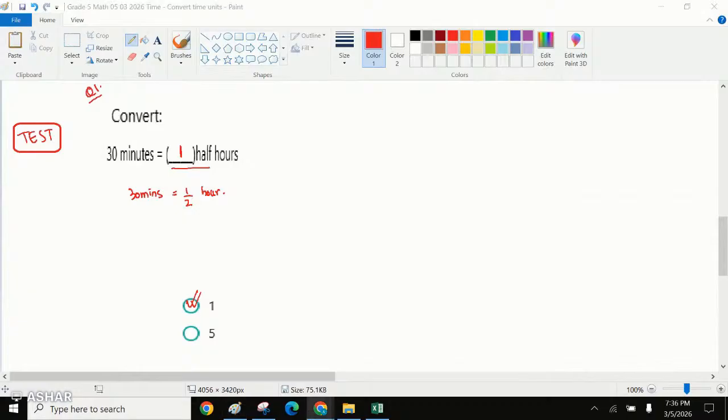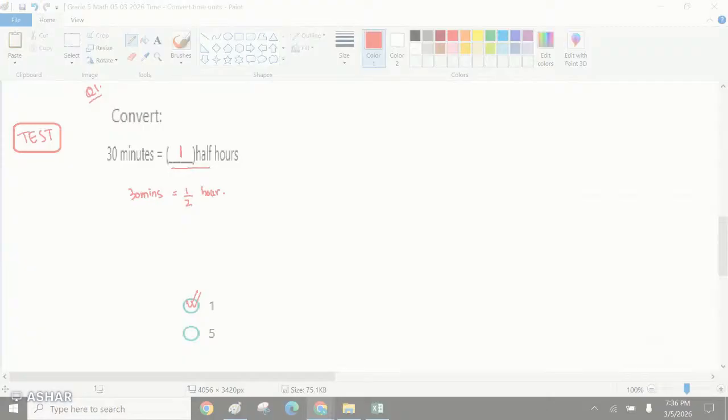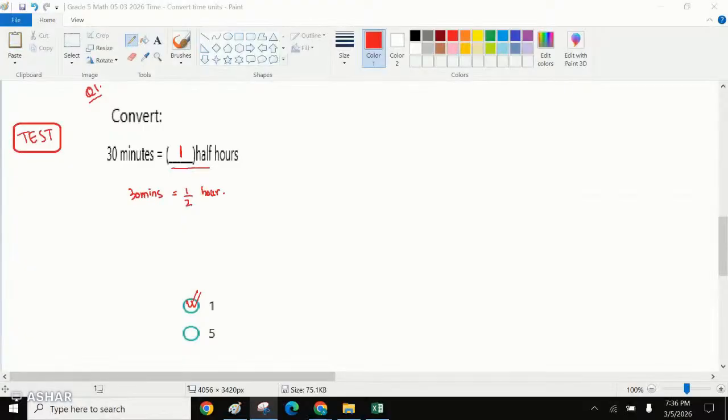For the next question, it says, convert hours into quarters. Question number 2. The given information is this.